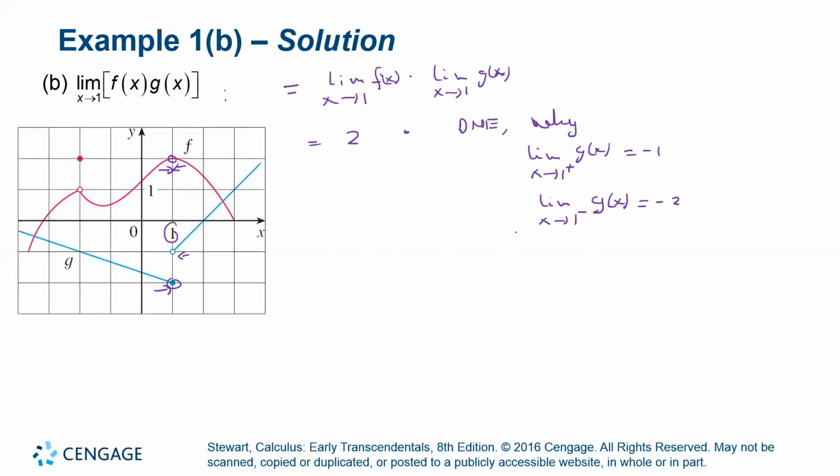Now, since -1 is not equal to -2, we say that this doesn't exist. So it means that we cannot use law number 4 for the desired limit.